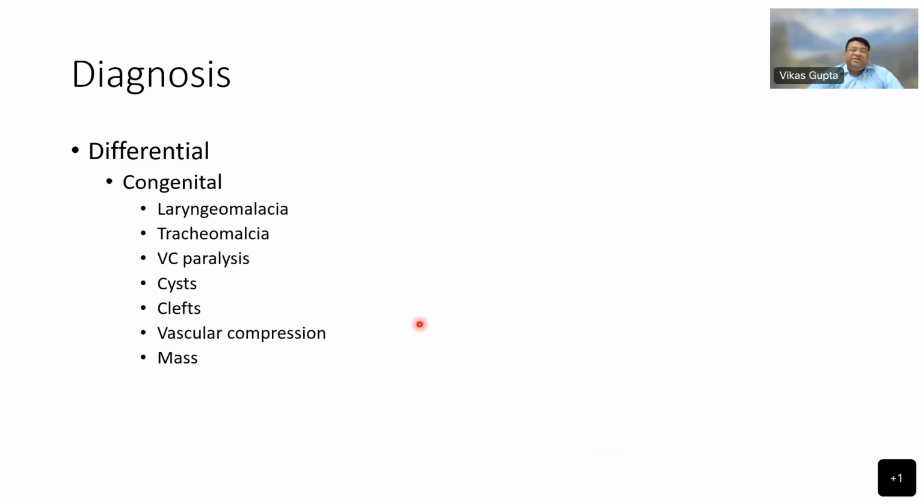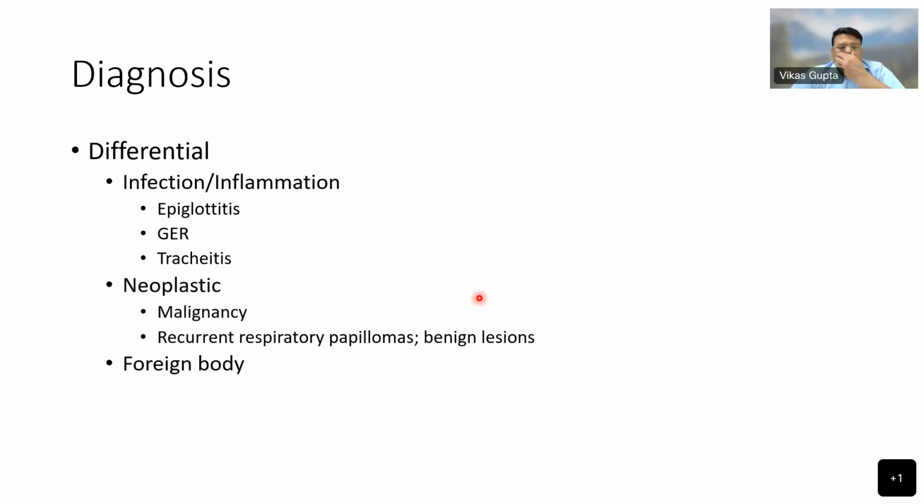The differential diagnoses, as I told, are like for any other upper airway obstruction: laryngomalacia, tracheomalacia, vocal cord paralysis, cyst or collapse of the airway, vascular compression, any mass in the larynx, infection like epiglottitis, GER, tracheitis, malignancy. These causes may also present as the differential diagnosis for airway stenosis.